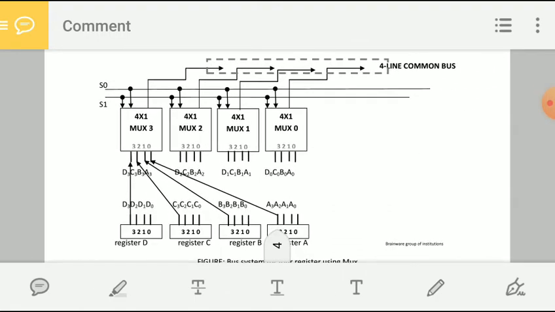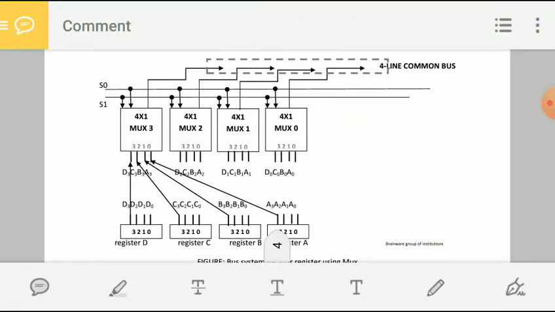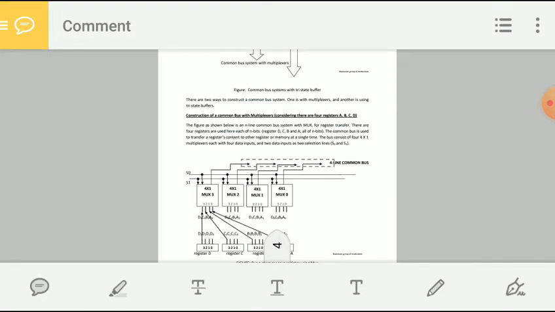Just draw this diagram on your rough copy, and try to execute it using the defined selection lines, that is 0 0, 0 1, 1 0 or 1 1. Then you can easily understand the actual function of this multiplexer.